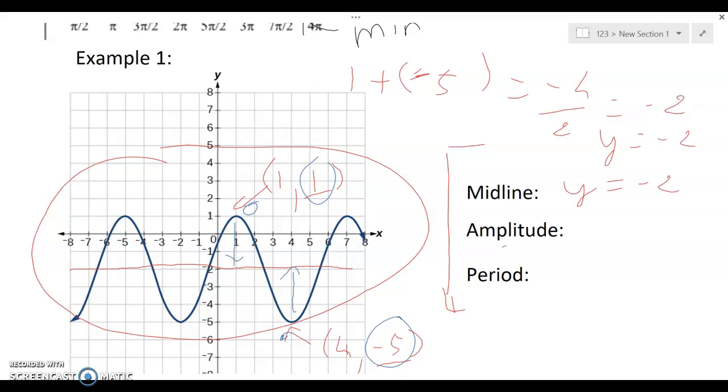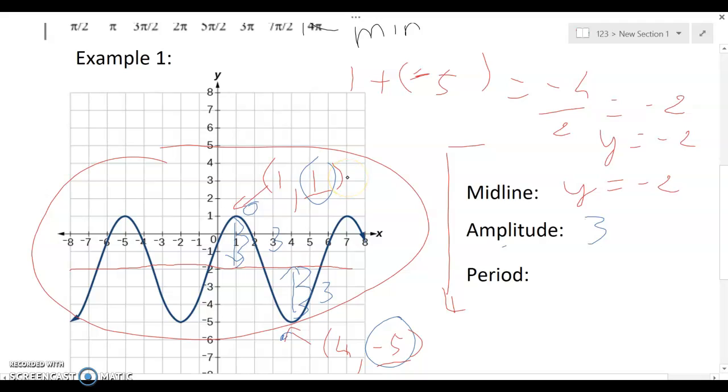Let's count: 1, 2, 3. That's 3 spaces in total. 1, 2, 3. That's also 3 spaces in total. So the amplitude of this graph will be 3, since both the distance from the maximum value to the midline and from the minimum value to the midline are 3.